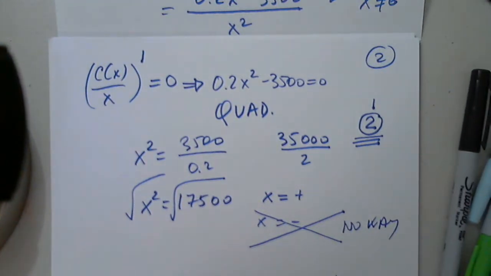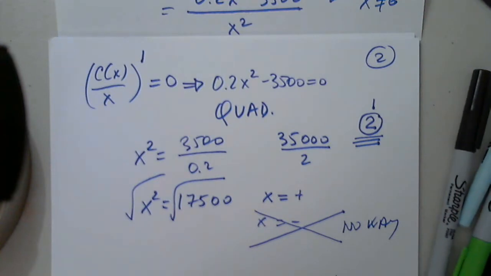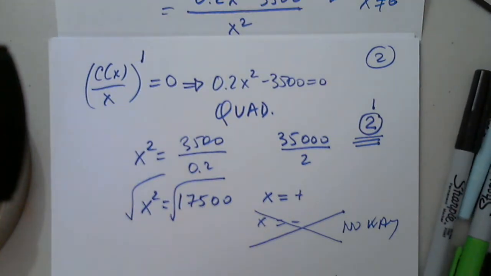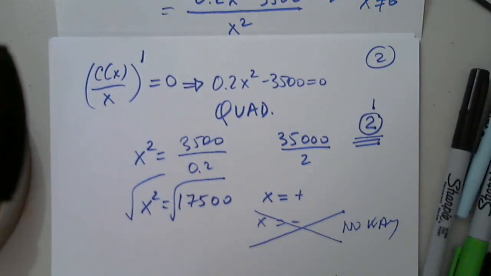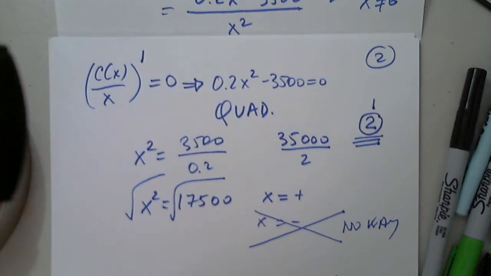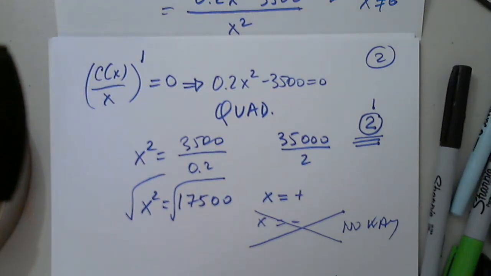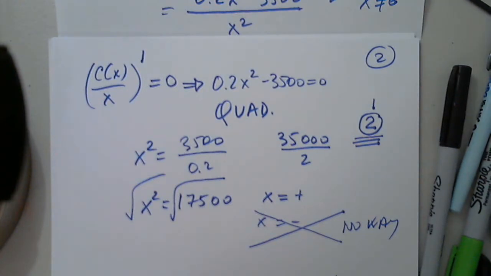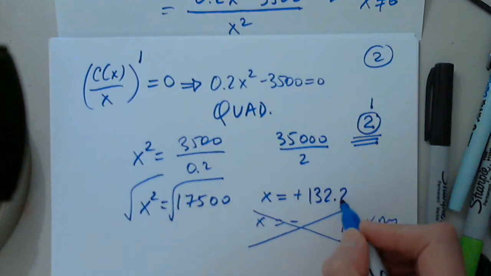So I'm going to share my screen. Where are you guys? Okay, I see you now. Okay, I'm going to share my screen, and then I'm going to take the square root of 17500. Okay, so 132.29.